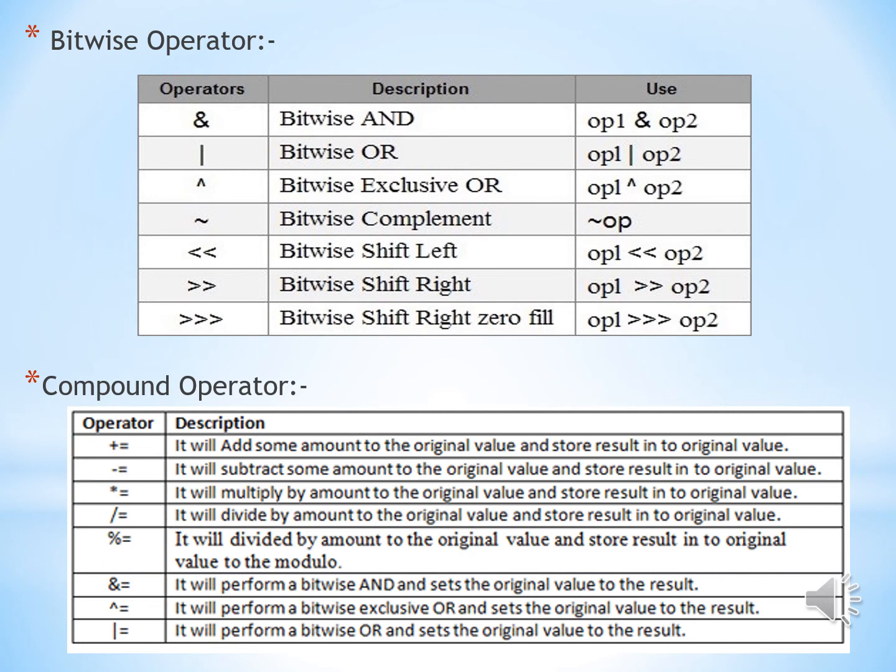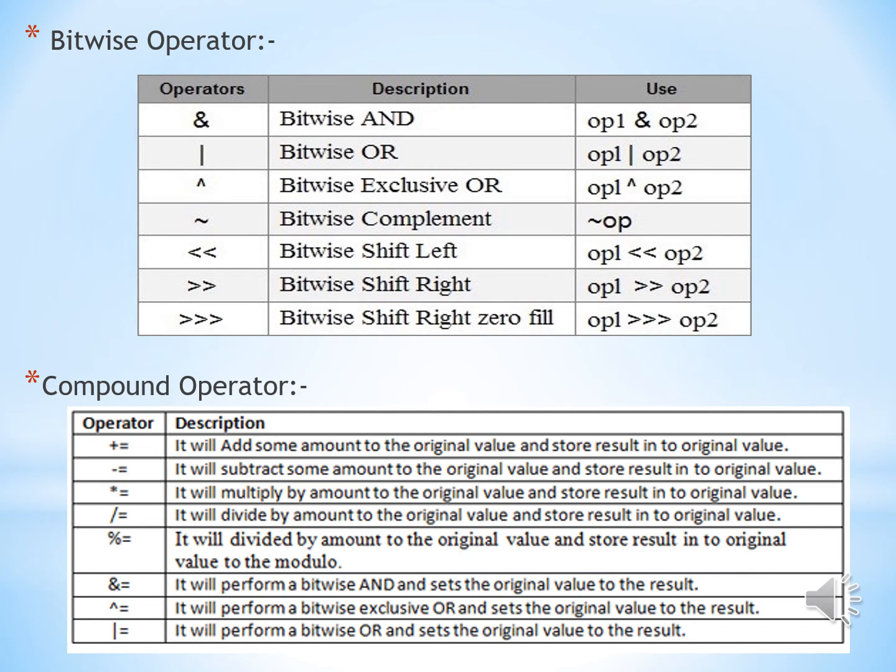Then the compound operators. Plus-equals will add some amount to the original value and store the result into the original value. Then minus-equals will subtract some amount from the original value and store the result into the original value.